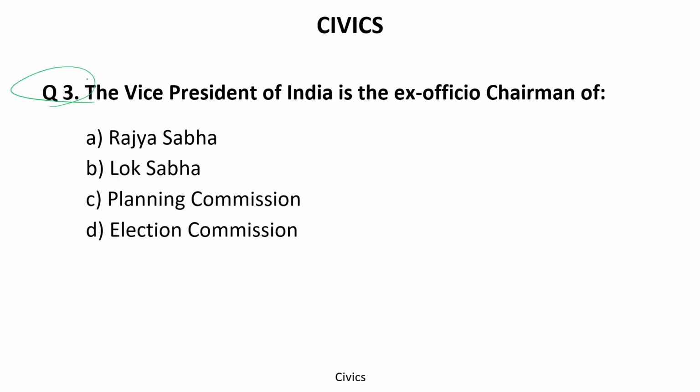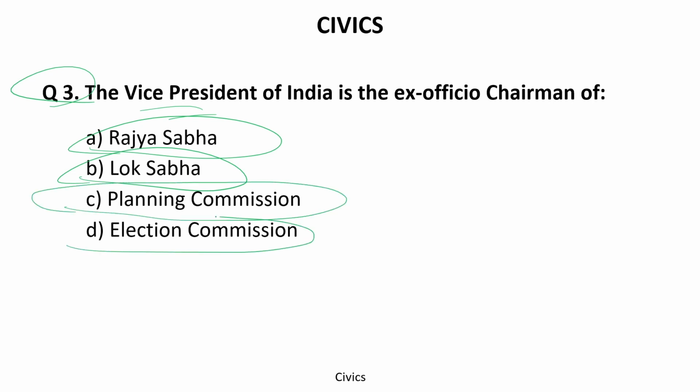Now, third question we have: the Vice President of India is the ex officio chairman of Rajya Sabha, Lok Sabha, Planning Commission, or Election Commission. You have 30 seconds to think and answer. Time starts now.